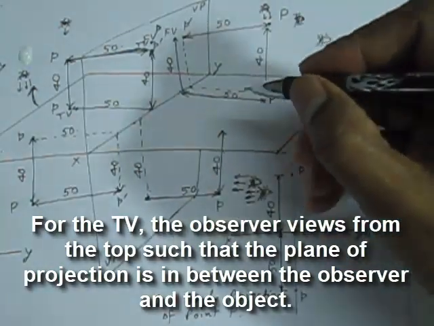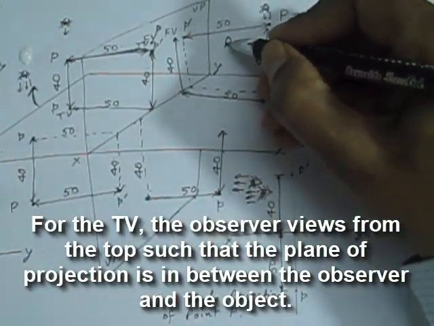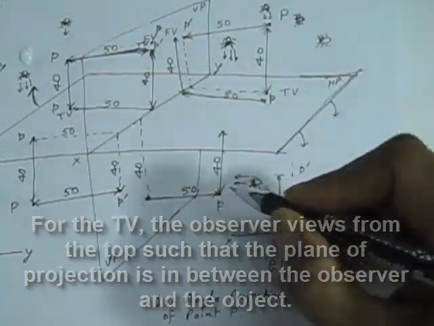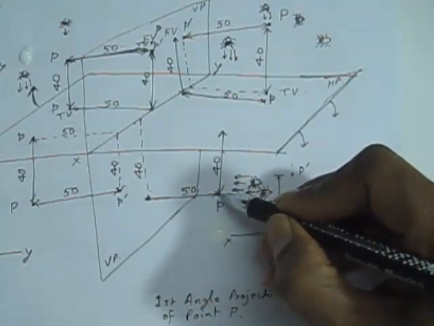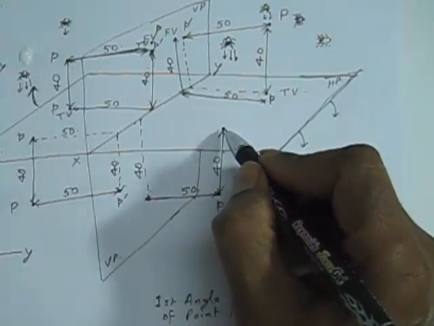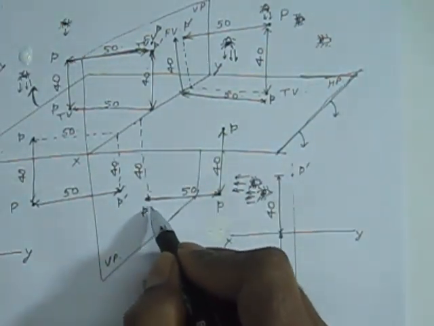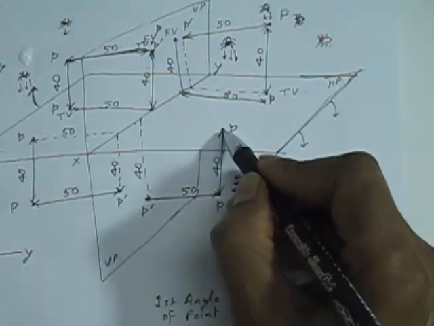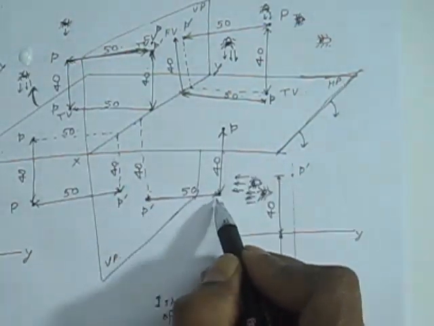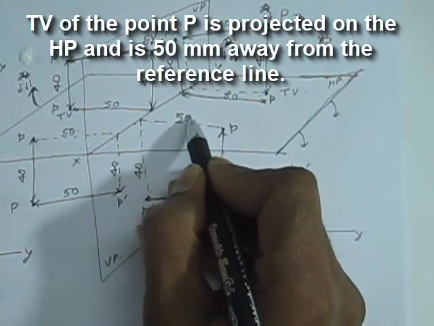And for the top view, the observer will see the object from above such that the plane of projection is in between the observer and the object. So this will be the top view of point P. We can see that the top view is 50 mm away from the reference line.